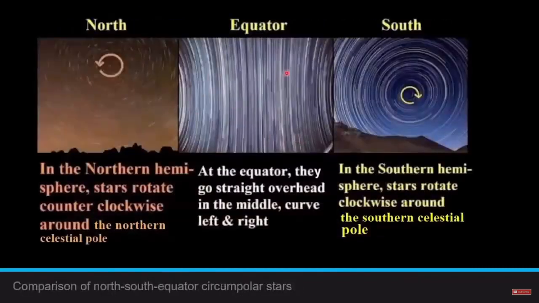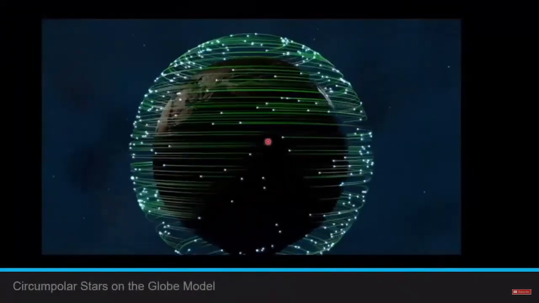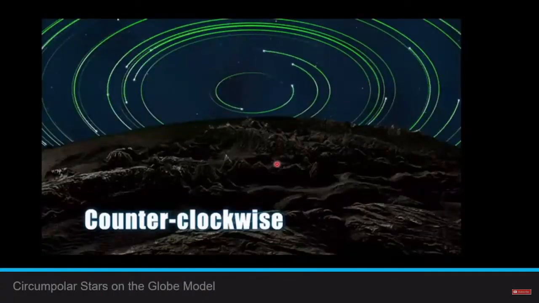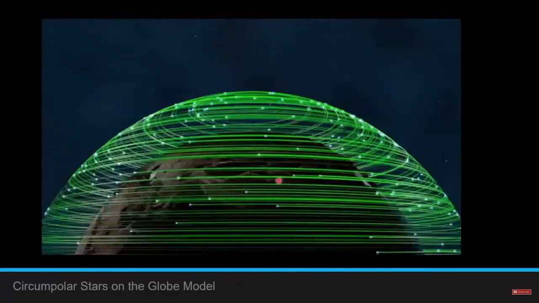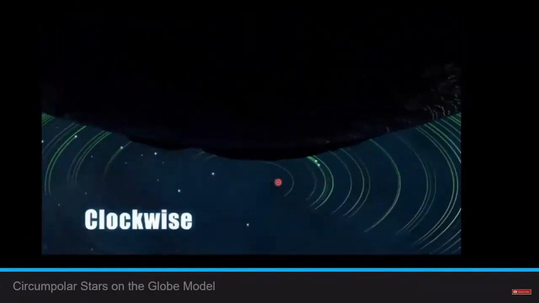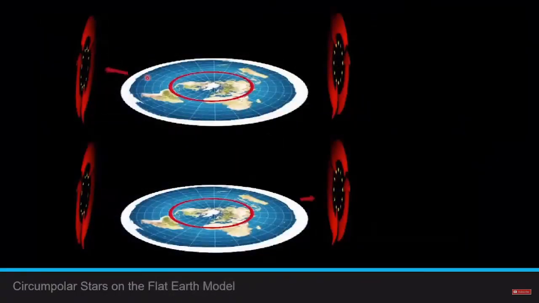Now, this is a massive problem for the flat Earth, and I'll explain why. At the equator, what you should see is the center of these circumpolar star trails at the horizon, with the stars going overhead. This is how it works on a globe model. You can see counterclockwise in the Northern Hemisphere, and then in the Southern Hemisphere, we see them traveling clockwise. This is the problem. If you're in South America and you look south and the trails are going clockwise, that's fine.